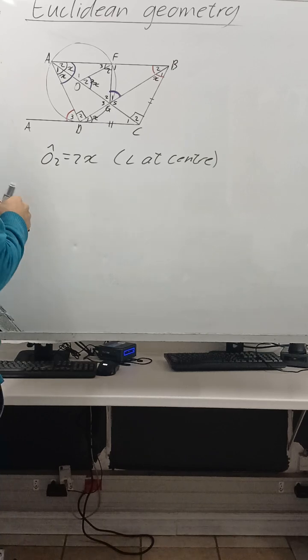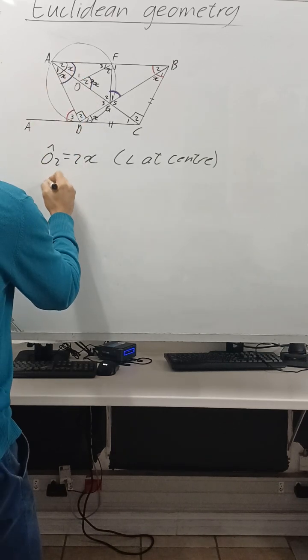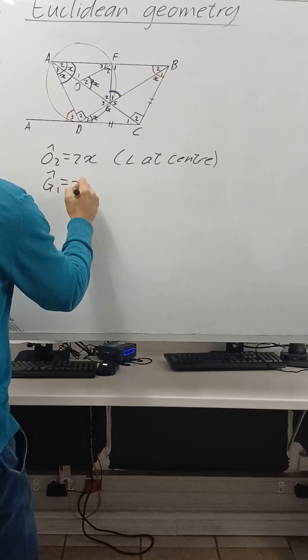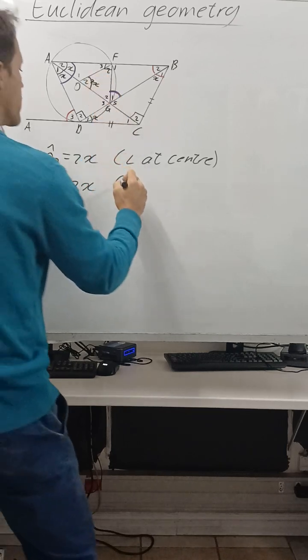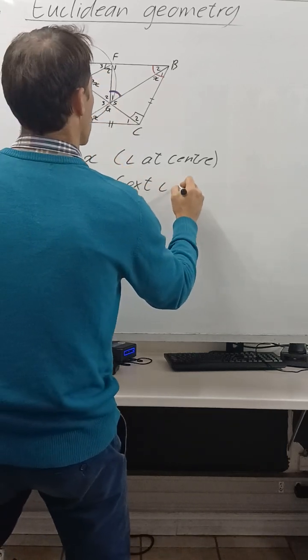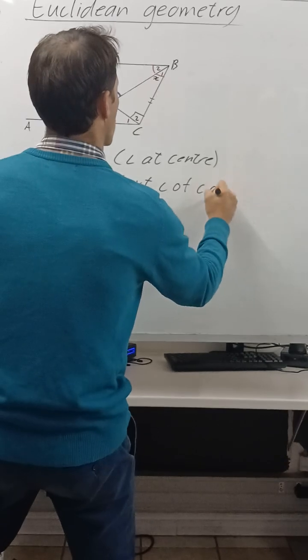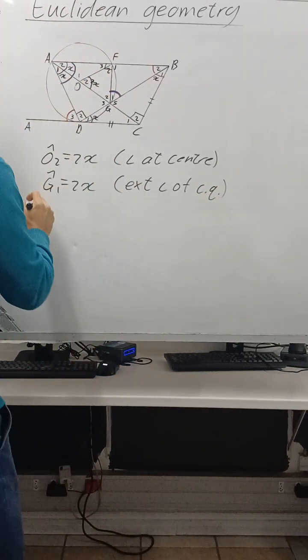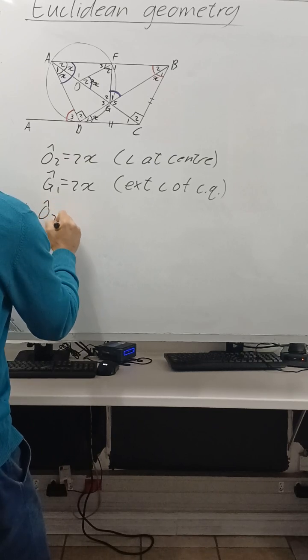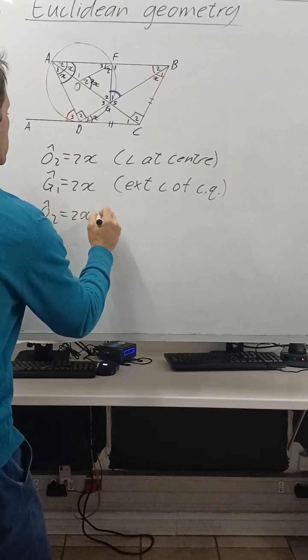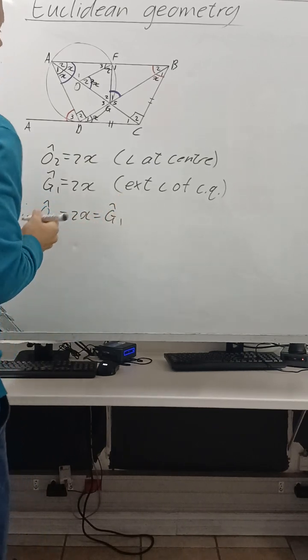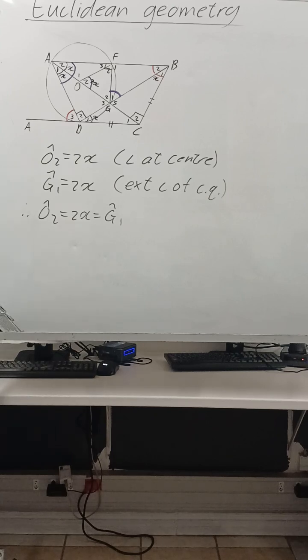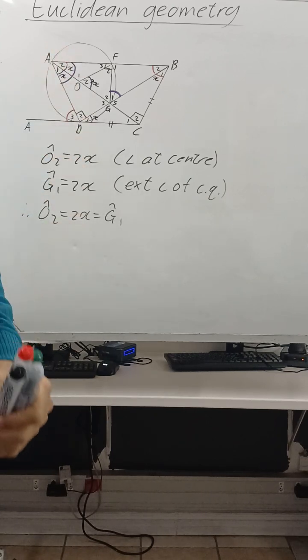So we can say that G1 is equal to 2x, exterior angle of cyclic quadrilateral. And then we can say, therefore, O2 is equal to 2x is equal to G1. So that was it. It looked harder, but actually from what we know, it wasn't that hard.